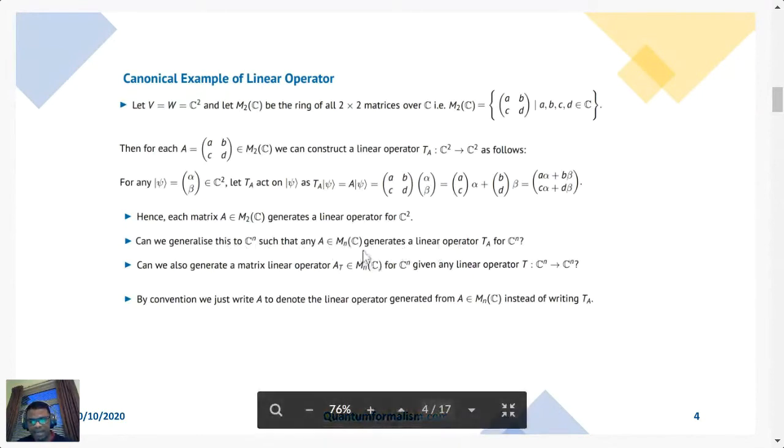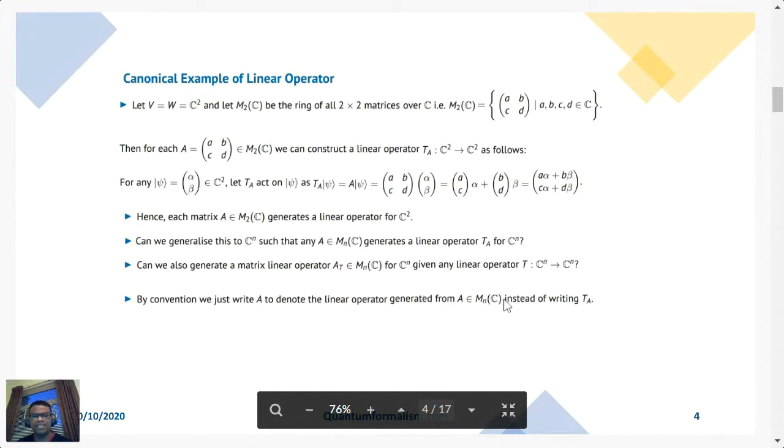Okay. And another thing we asked was, since any element of Mn of C can be associated with an operator, what about the other way around? Given an abstract operator, can we build a matrix representation of that?